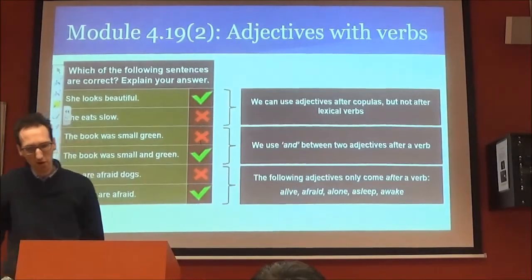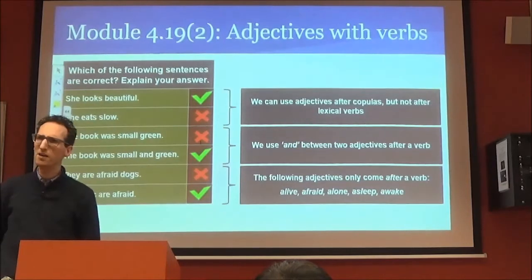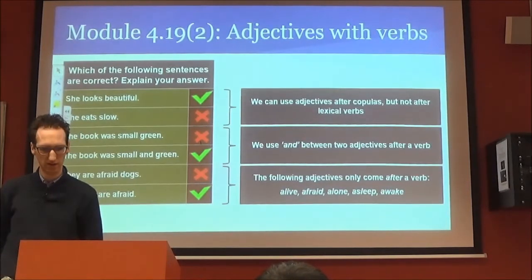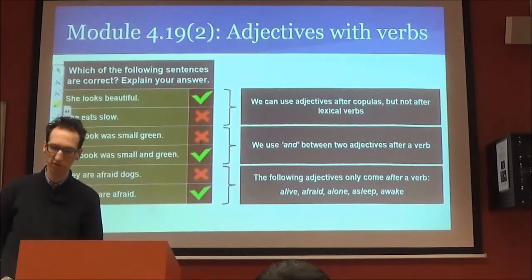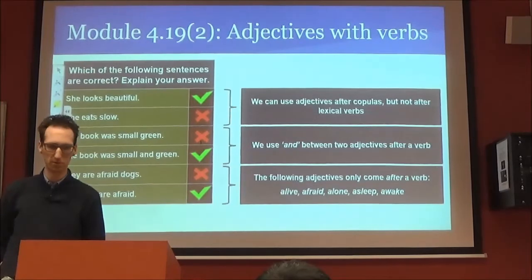Alive, afraid, alone, asleep, and awake. These five adjectives cannot be used before a noun. They come after a verb. So we don't say the alive dogs, we say the dogs are alive. We don't say the asleep dogs, or the alone dogs, or the awake dogs. All these adjectives come after the noun.